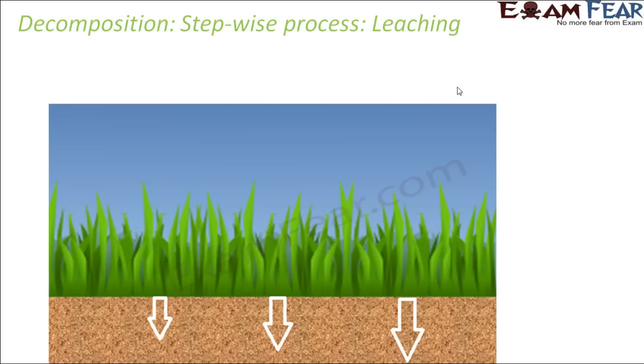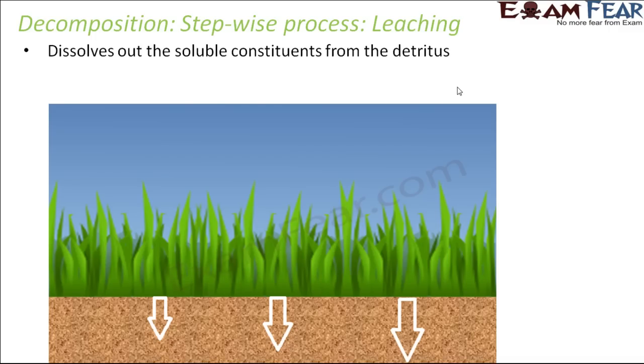Let us look at the next step, that is leaching. What do we mean by leaching? In this step, it dissolves out the soluble constituents from the detritus. The detritus is organic matter in a complex form. In the first step, we just broke it down into simpler particles.